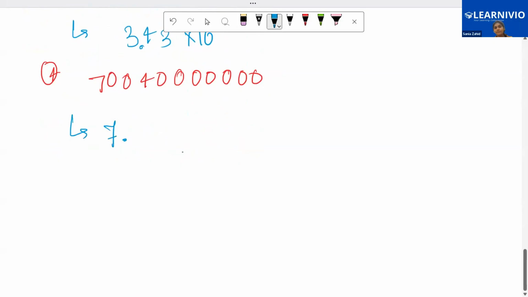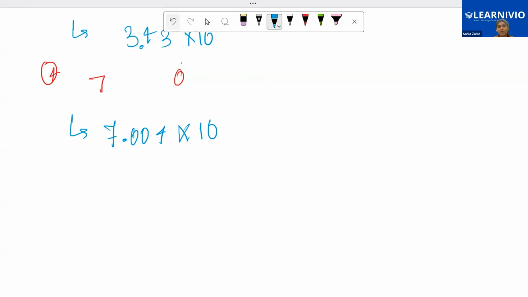Then 7.004, you say, into 10 to the power 10. How many do you have? 1, 2, 3, 4, 5, 6, 7, 8, 9, and 10. 10 to the power 10 you have.